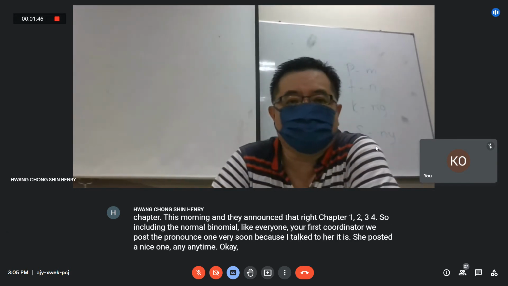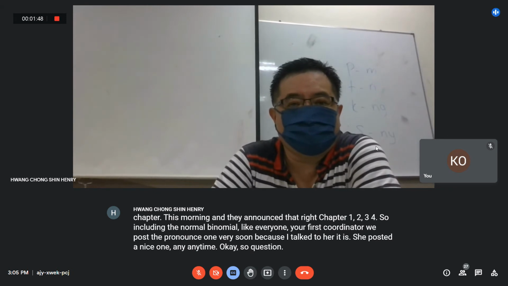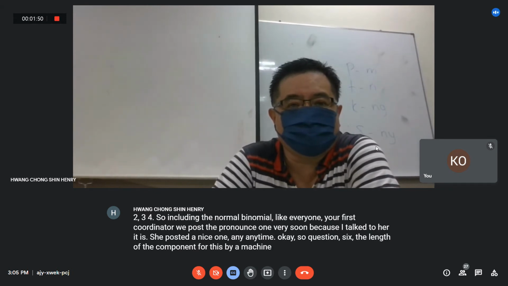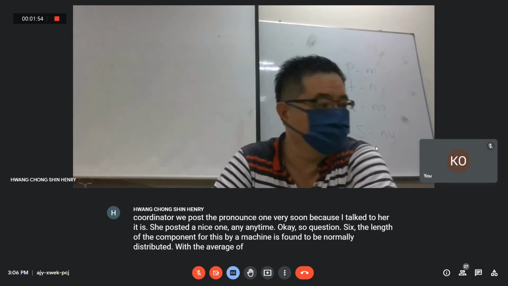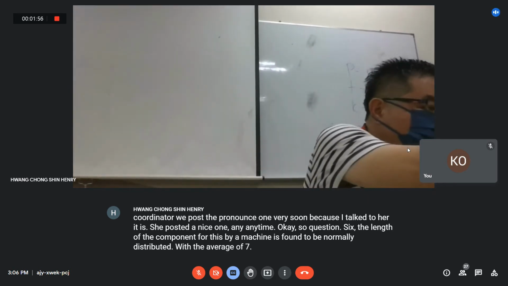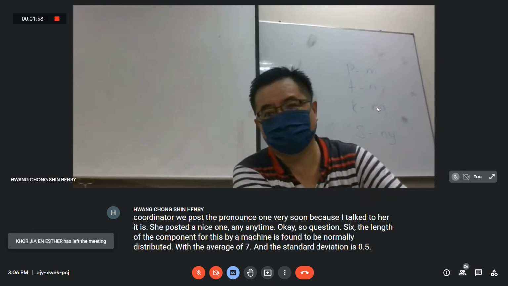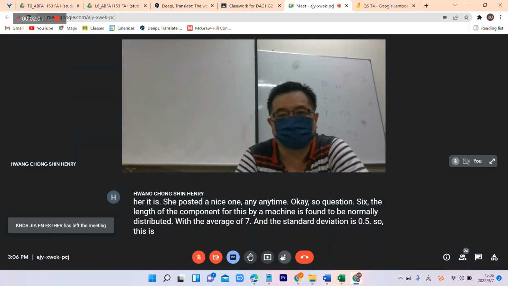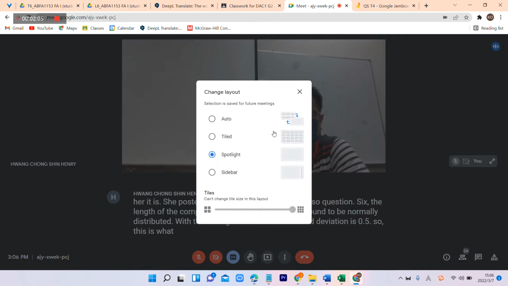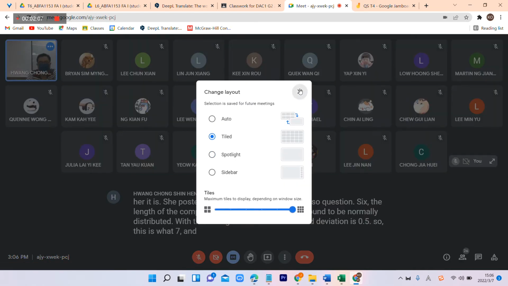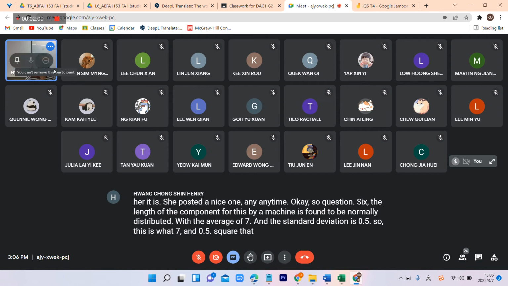Okay, so question 6. The length of the component produced by a machine is found to be normally distributed with an average of 7, and the standard deviation is 0.5. So this is what? 7 and 0.5 squared, right?